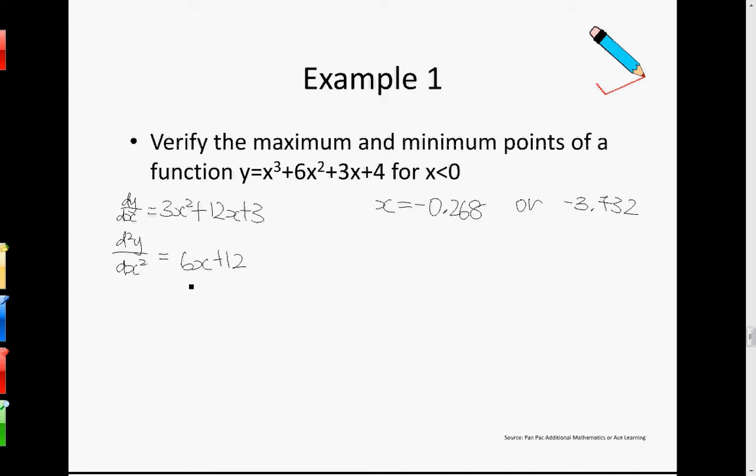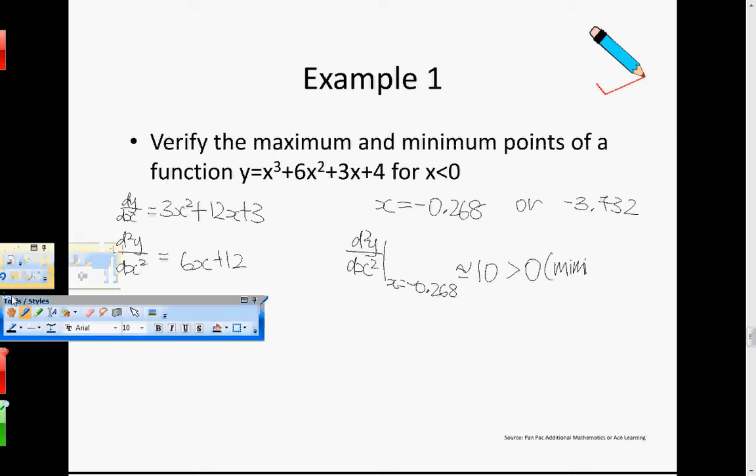Now all we have to do is take the second derivative and sub in the x values. For x equals negative 0.268, d2y/dx squared is approximately 10, which is more than 0. So this says it's a minimum point.